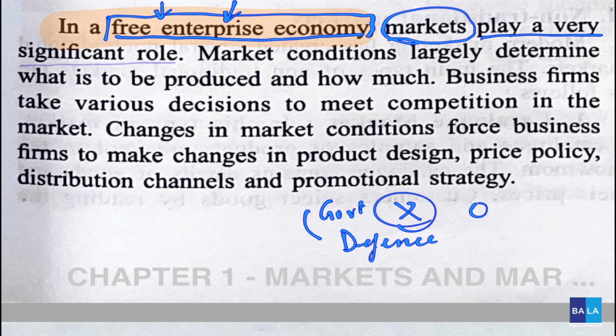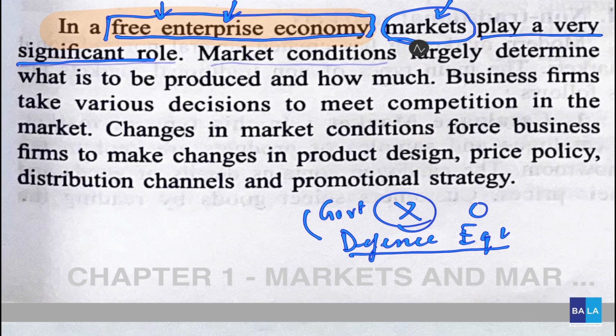If you want to manufacture defense equipment, government has certain regulations. Why? Because defense equipment is related to national security. So in a free enterprise economy, markets play a very significant role. I hope now it is understandable, absolutely clear.